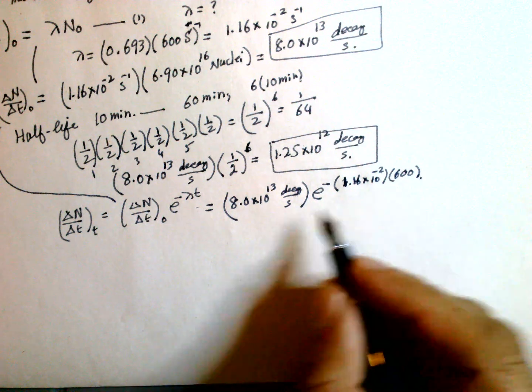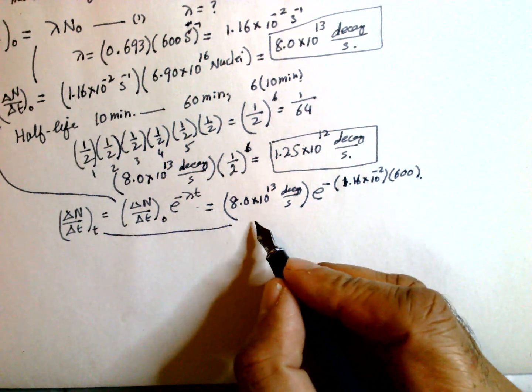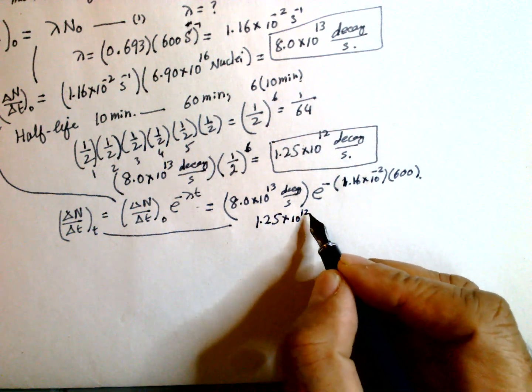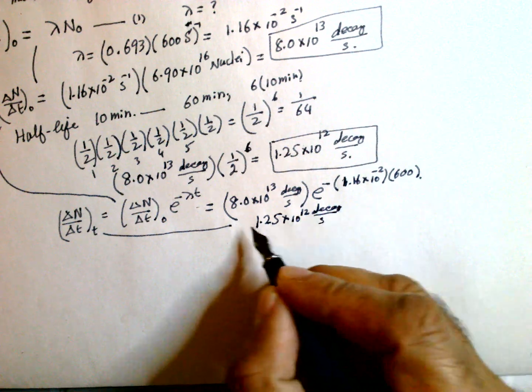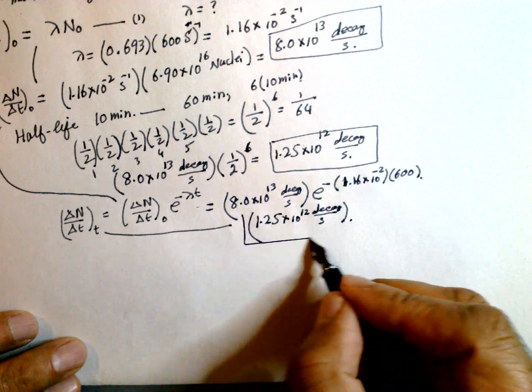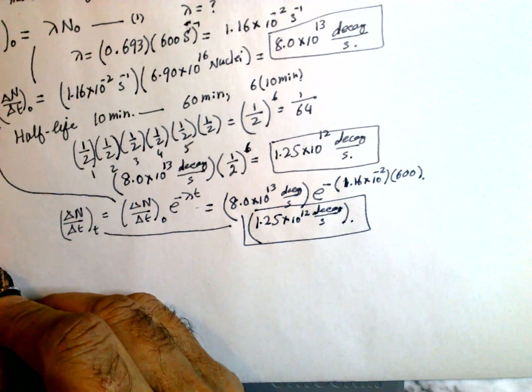If you calculate this, it will also be 1.25 into 10 to the power 12 decays per second. This is another route.